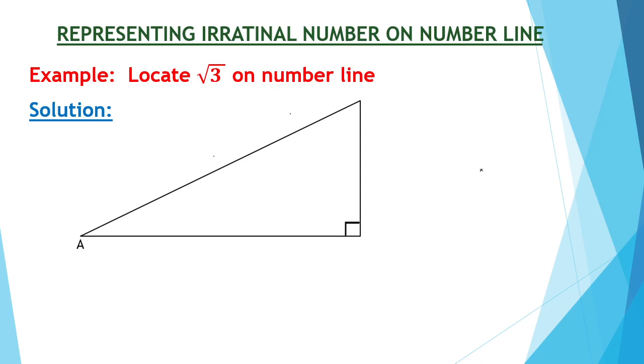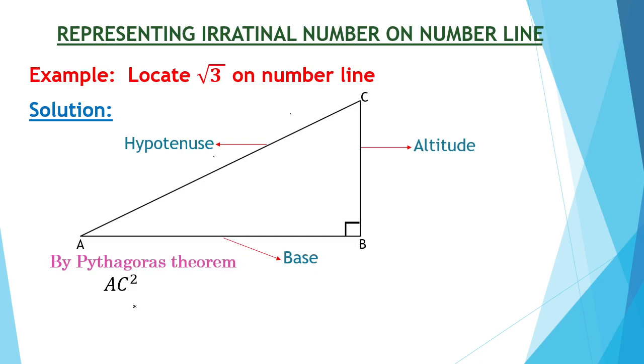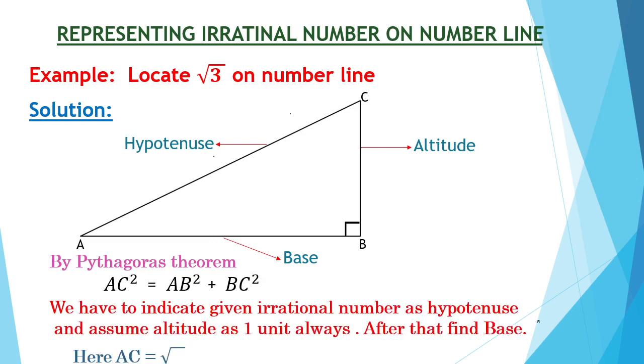Right angle triangle ABC, and this is the hypotenuse, and we have to keep AC as root 3, and this is the altitude, and this one must be 1 unit altitude, and this one is the base, and we have to find out this value. We have to find out the base. So what is Pythagoras theorem? AC square is equal to AB square plus BC square, and we indicate the given irrational number as the hypotenuse. Here AC equals root 3, like this I said. BC equals 1. Now we have to find out AB.